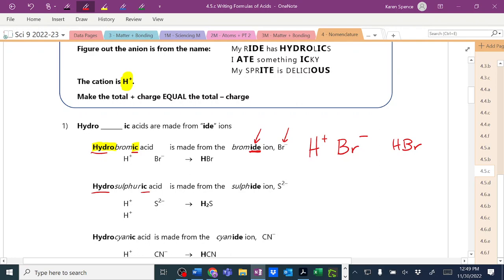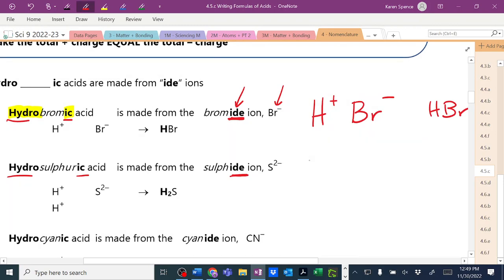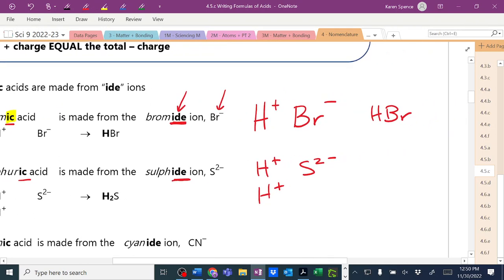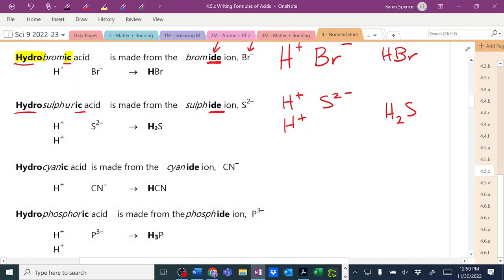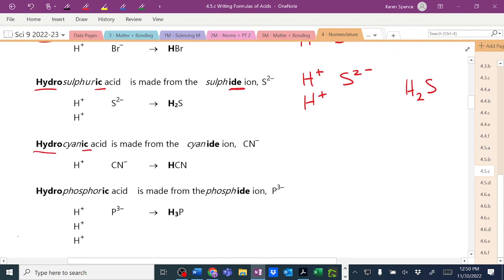Hydrosulfuric, again, that would be an ide ion, sulfide, S2 minus. If we take an H plus and we put it together with an S2 minus, do I need more of any ion? Yeah, I need 2 of the H pluses, so it's going to be H2S. And every once in a while, you're going to come across hydrocyanic acid.